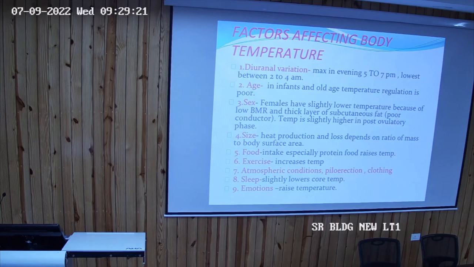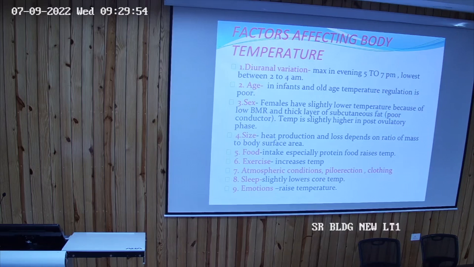During the menstrual phase, the temperature of the female body is less. Which hormone is working during the menstrual phase? The first phase of the menstrual cycle, the menstrual phase of 3 to 5 days, which hormone is there in that duration? FSH, right, and slowly we go to the ovulatory phase.